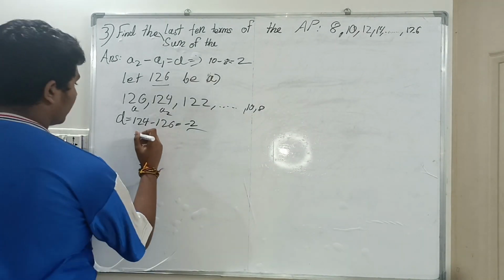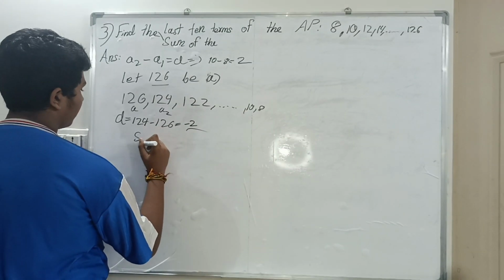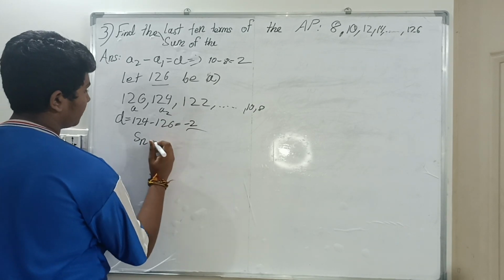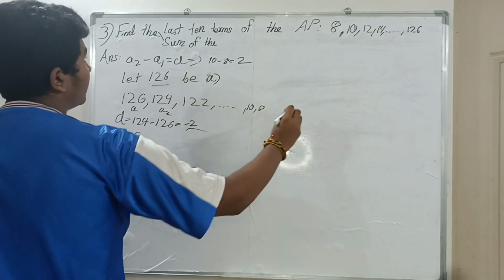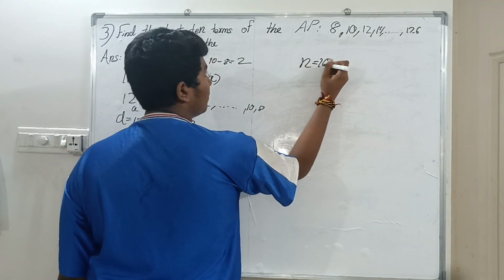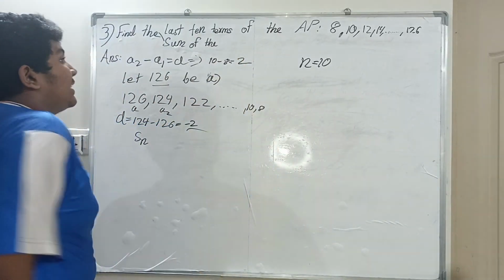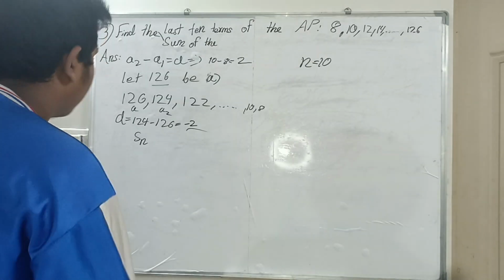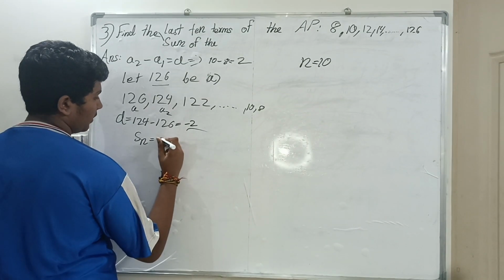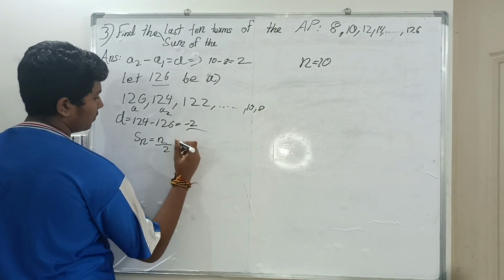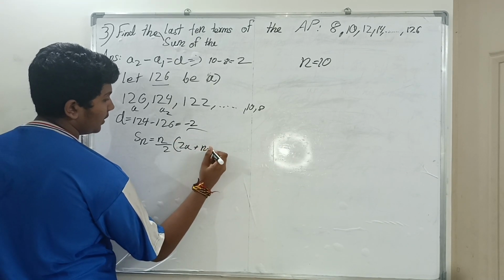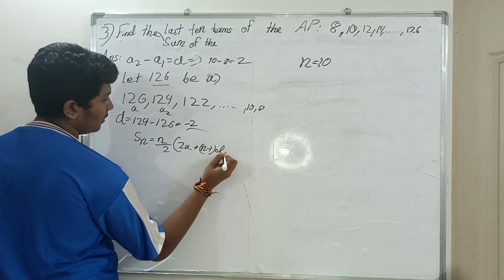What is the formula for the sum of the terms of an AP? Sn, right? And here they have given that n is 10 because last 10 terms, so n is 10. Hence Sn is equal to n by 2, where 2a plus n minus 1 whole d.